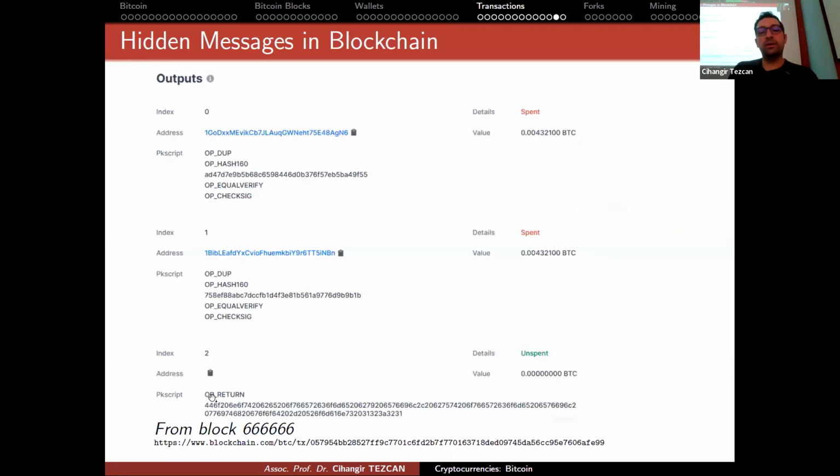Previously, this op return technique wasn't used, so people were actually burning bitcoins by transferring to an invalid address and then put the message there. But with the op return, as you can see, the value is 0 here. So 0 bitcoins transferred to this nonsense. Okay. So this way you can add messages to blockchain without paying much fee.